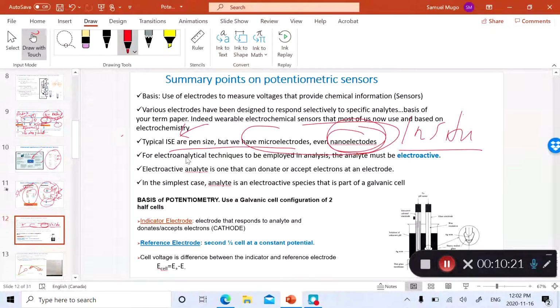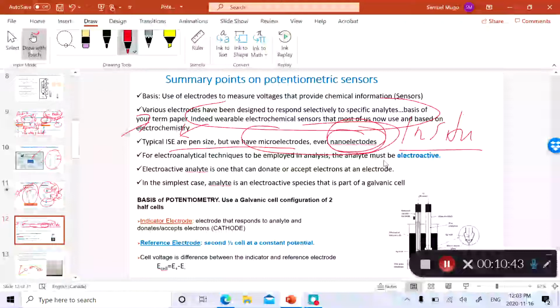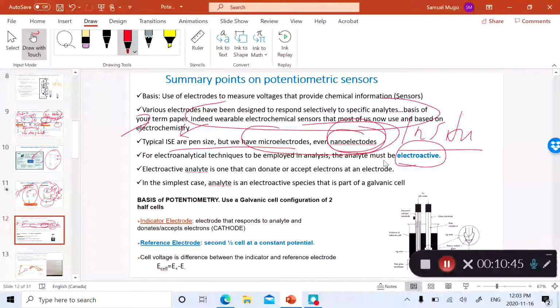Also, you can do wearable devices. One huge application of potentiometry is the fact that you can make it into wearable sensors, which is the basis of your term papers anyway. So take note of this: for potentiometry, particularly classical potentiometry, you want the analyte to be electroactive.